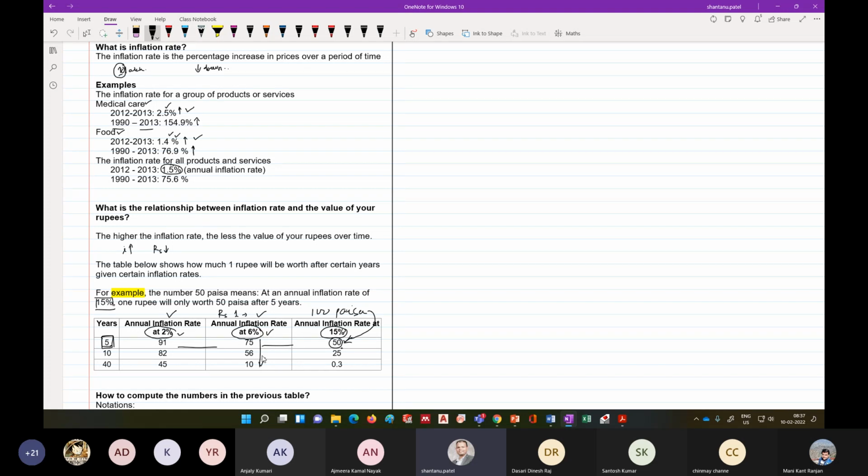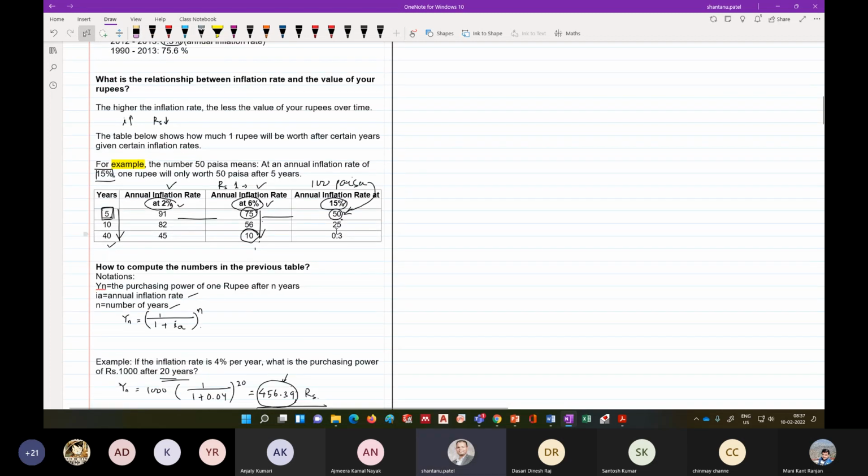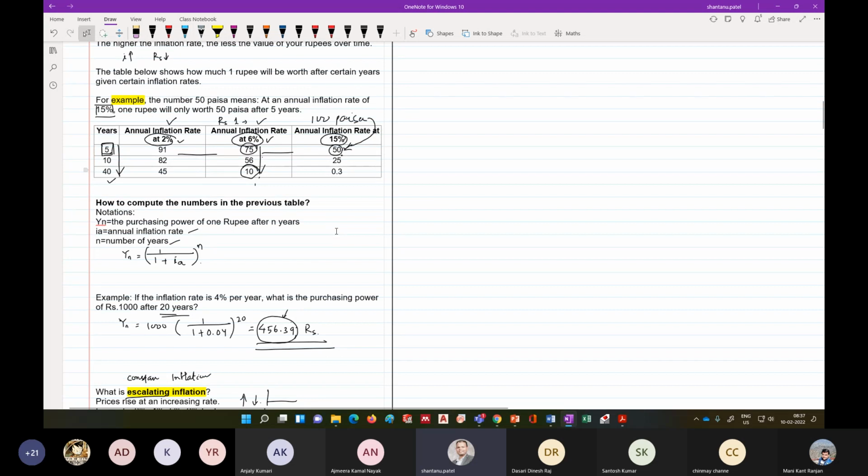And if you increase the time, say at a 6% inflation rate, with time also the value of money will reduce. Like this, initially 100 paisa has changed to 10 paisa after 40 years at an inflation rate of 6%.